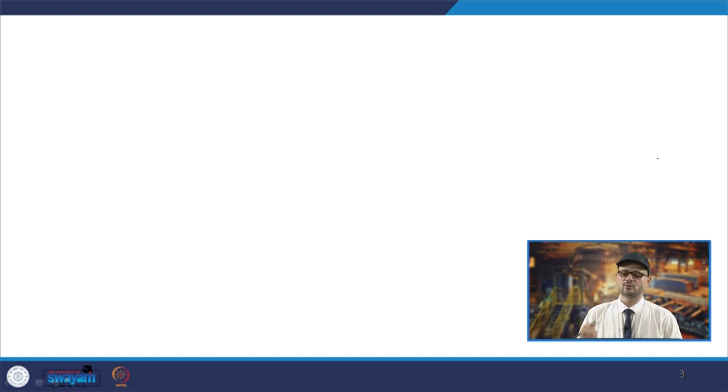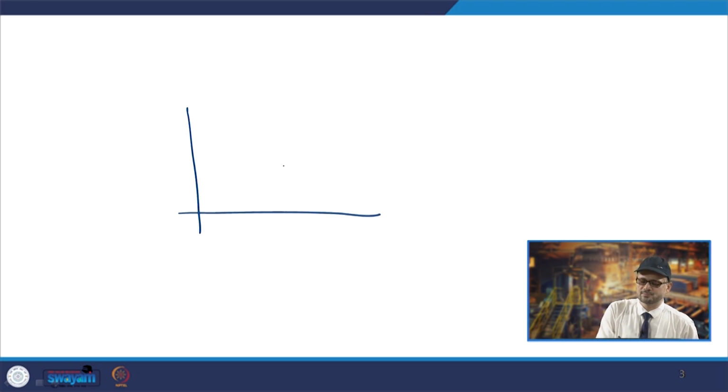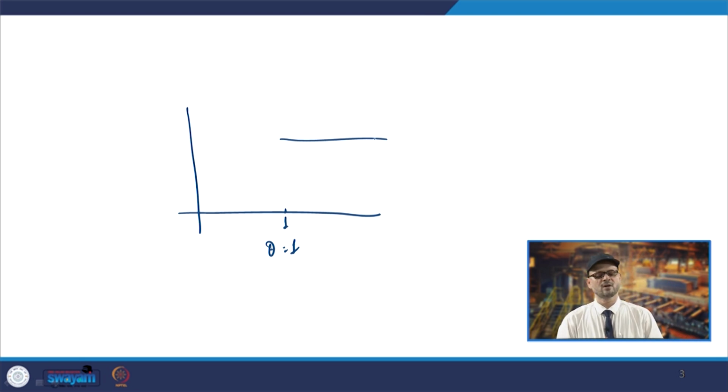In the idealized plug flow, you will have simply at this point theta equal to 1 an increase. In the well mixed flow, it is simply increasing from here. As soon as the tracer has entered, it has started mixing with the flow. It is idealized mixing, and that is why the pattern is like this.